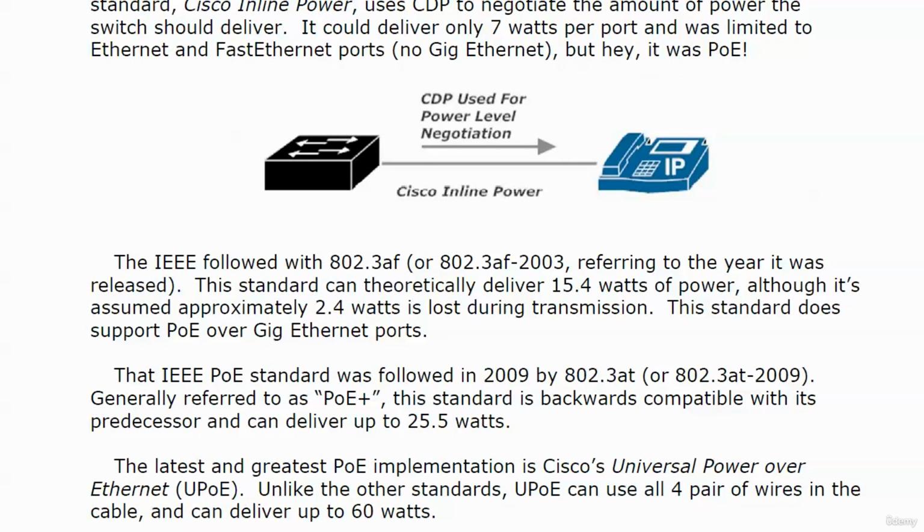Now, the latest, and many would say the greatest PoE implementation, is Cisco's Universal Power over Ethernet, UPoE. And unlike the other standards, which can only use 2 sets of wires, UPoE can use all 4 pair of wires in the cable and can deliver up to 60 watts. So what's not to love, right?